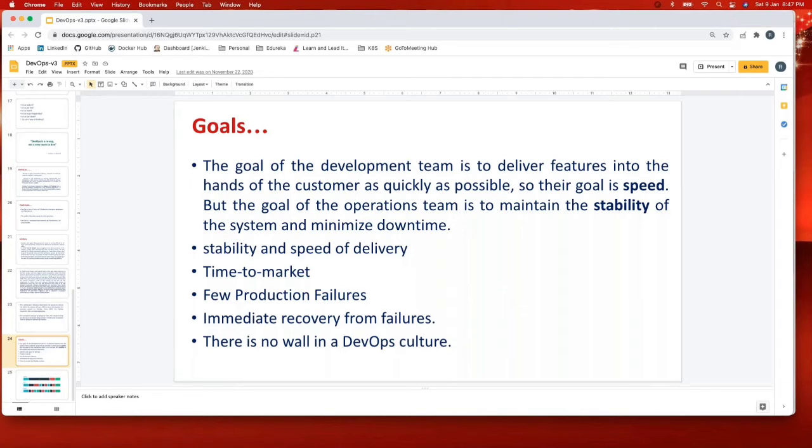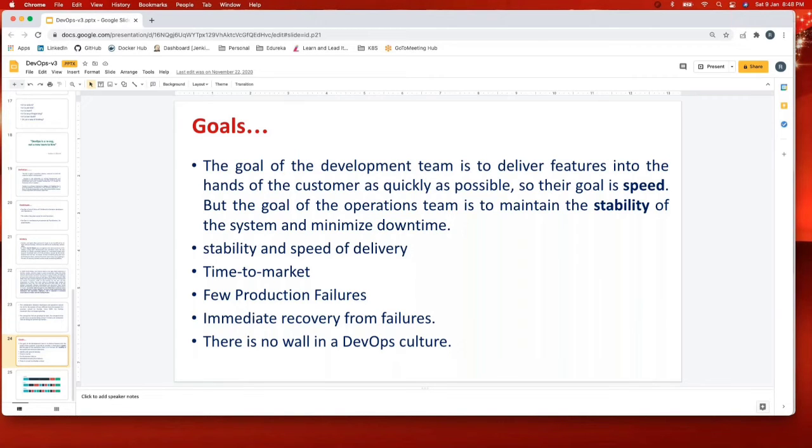Whether he comes faster or slower doesn't matter, stability is important. So operations engineers always think of stability: how stable the environment will be if I deploy this new feature. So speed with stability is the common goal for everybody. I need to have speed and also stability.